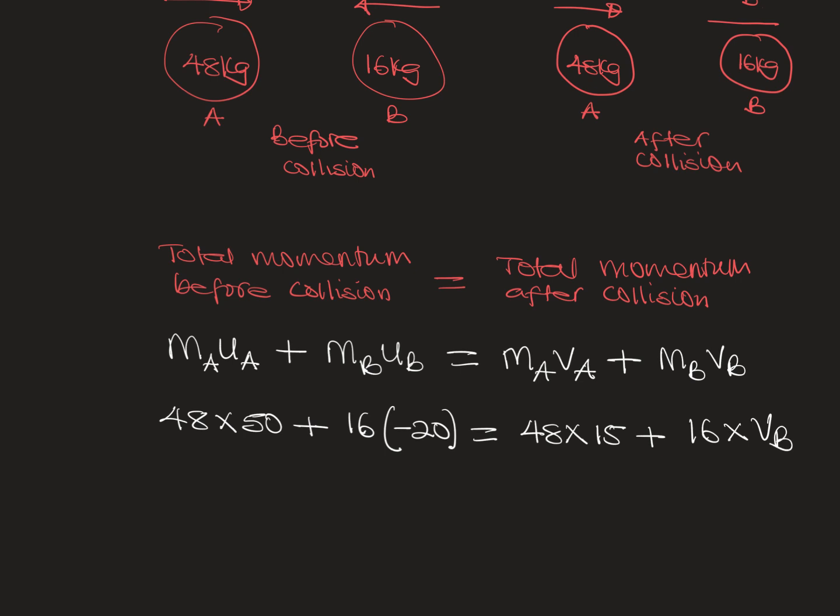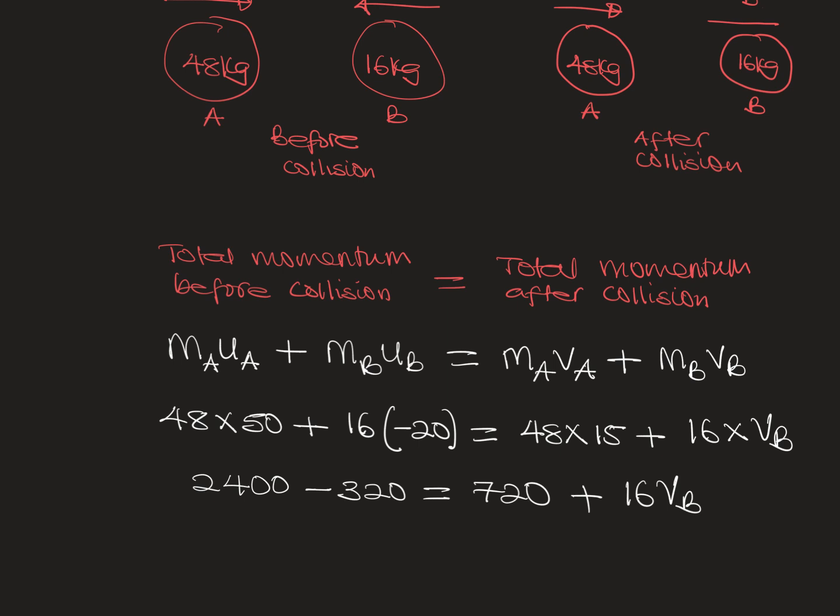So 48 times 50 is 2,400. 16 times negative 20 will give negative 320. This is equal to 48 times 15, which is 720, plus 16 times VB, which is 16 VB.